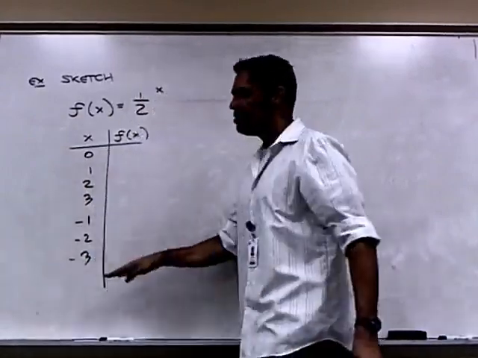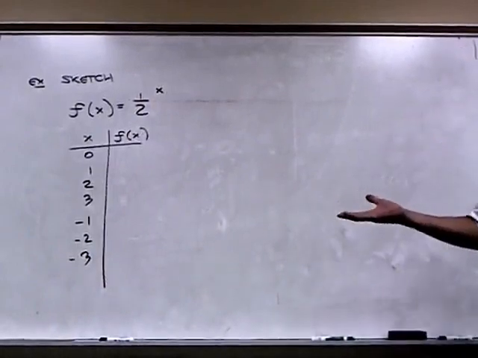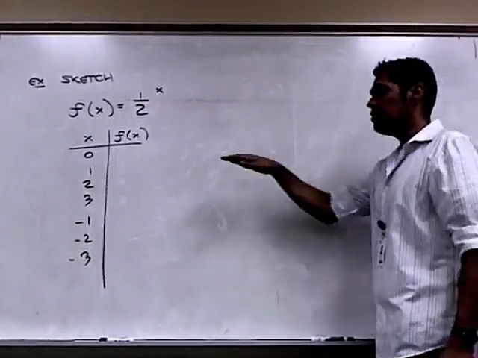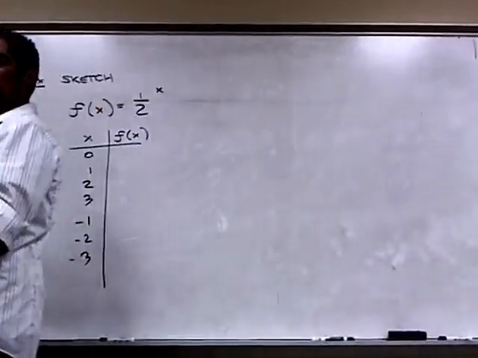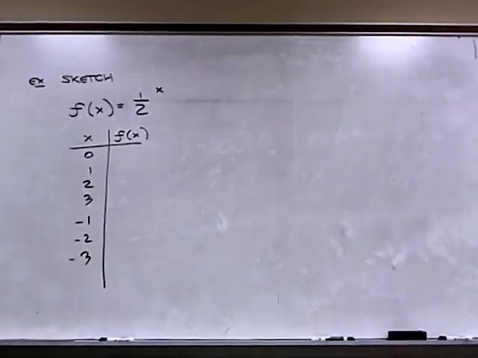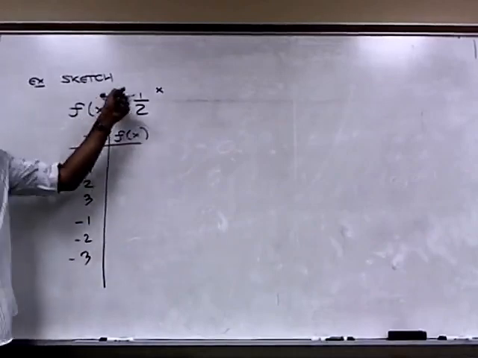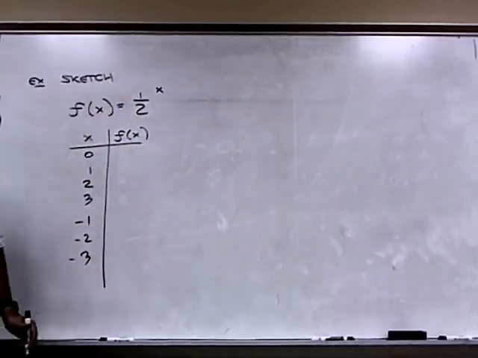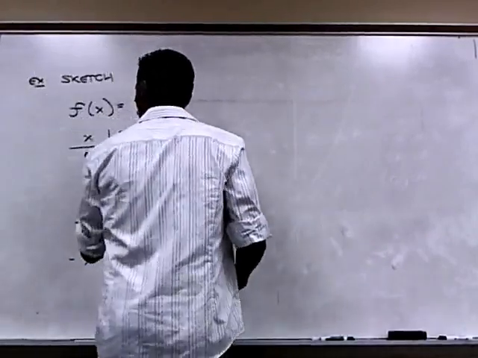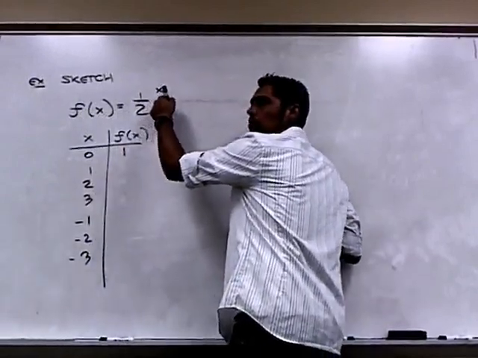We'll always use those 7 points to graph our exponential functions. If I plug in 0, what do I get? What's 1/2 to the 0? 1.